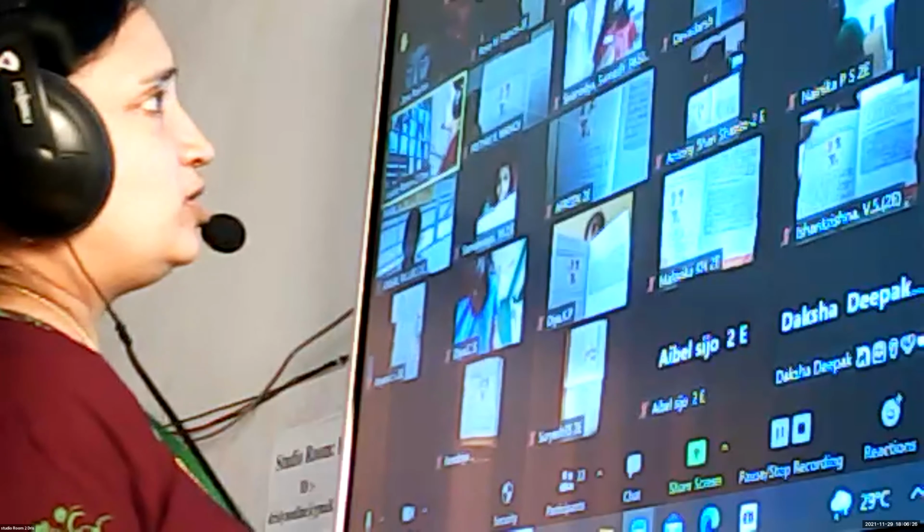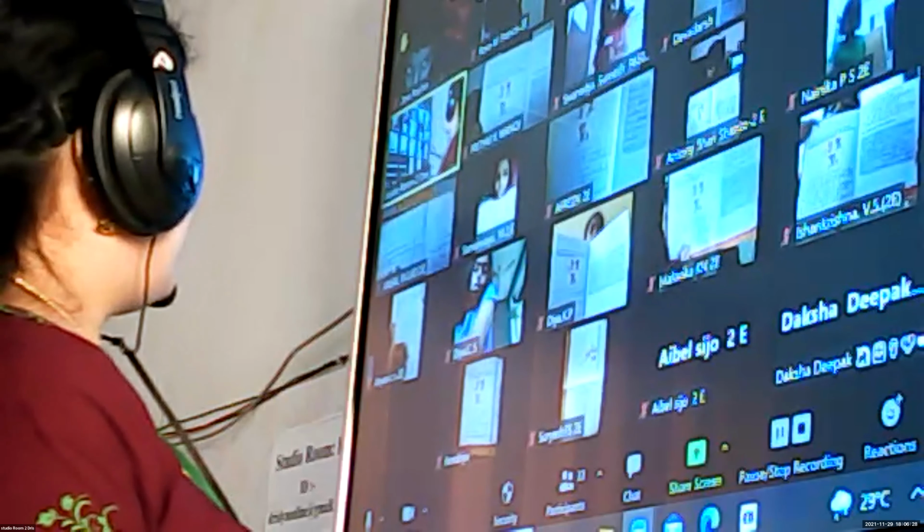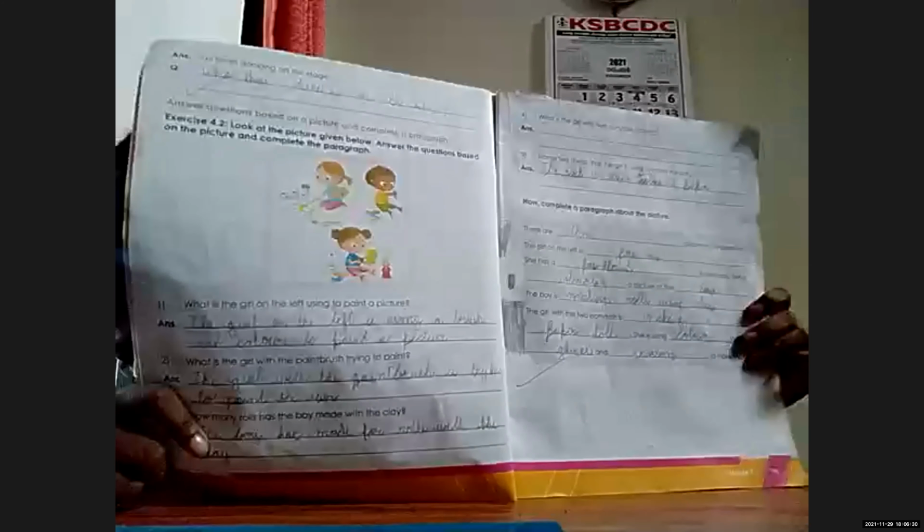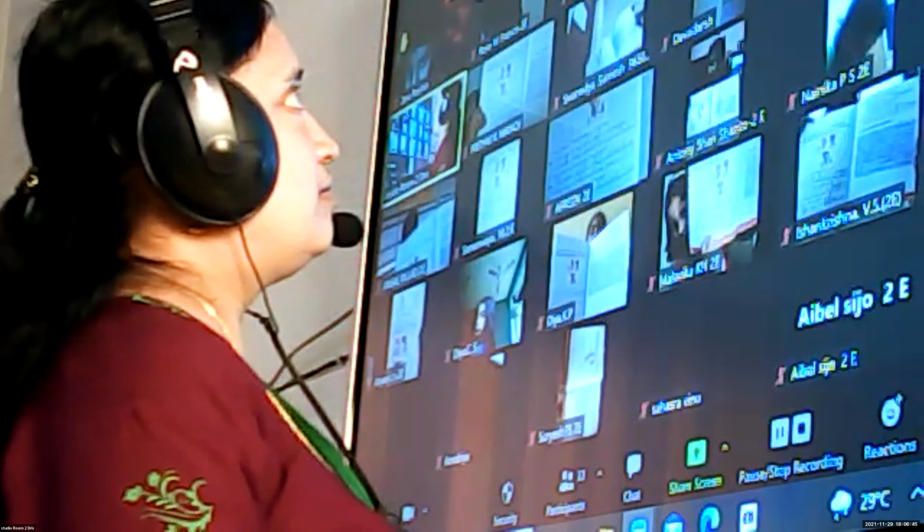Some are not showing the books. Sahasra, where is your book? Okay, Arav. Yes, I saw it. Yeah, others. Veda, I want to see pages 8 and 9.